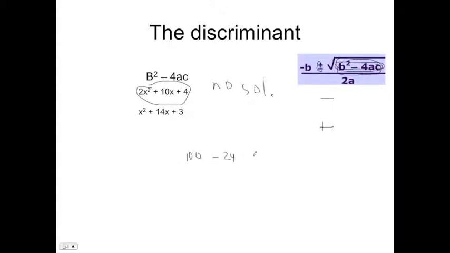And that is greater than 0. So that means there are two solutions.